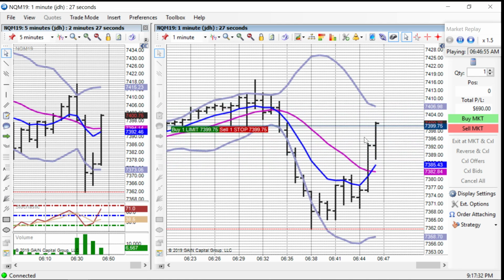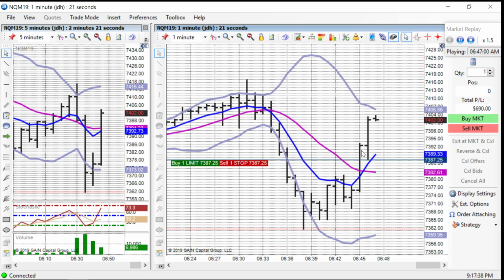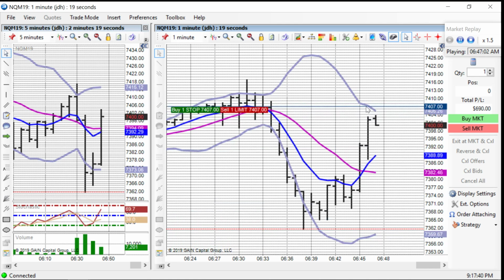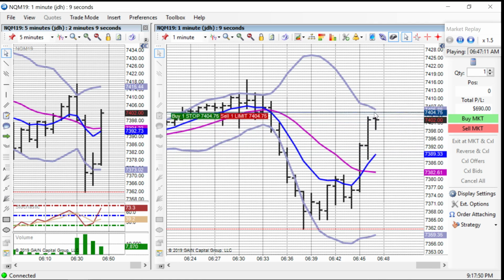But since we've got the Bollinger Bands converging here, as you can see, they're moving inward towards each other. That's a sign of an impending trading range, even though there's really good distance between the 8 EMA line and the upper Bollinger Band.